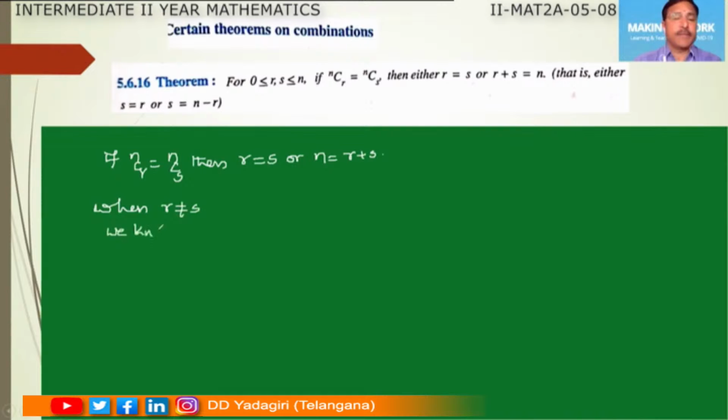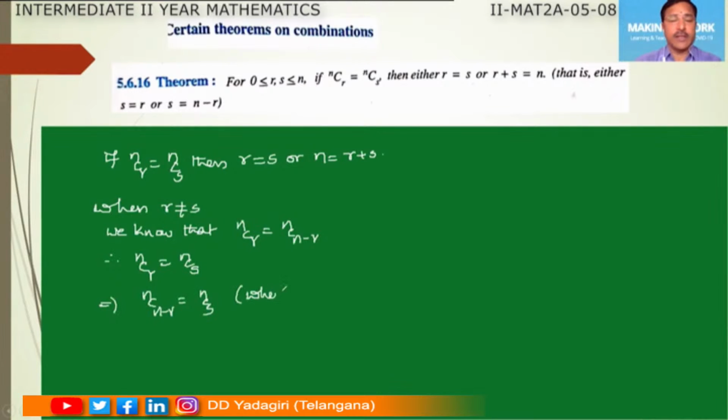We know that in the previous class we have discussed a formula nCr is equal to nC(n minus r). Therefore, when nCr is equal to nCs, when r is not equal to s, then certainly nCr is equal to nC(n minus r), then nC(n minus r) will be equal to nCs.